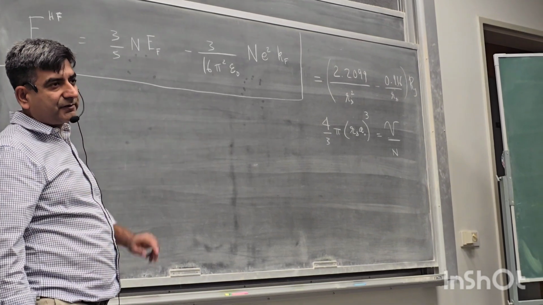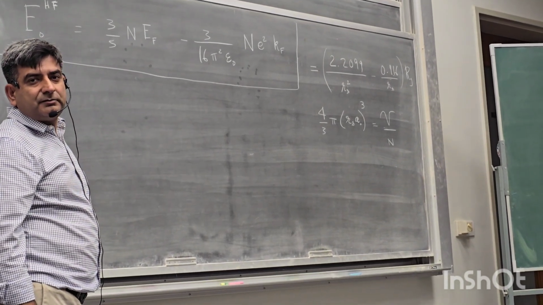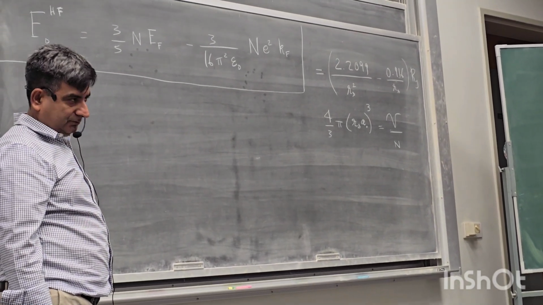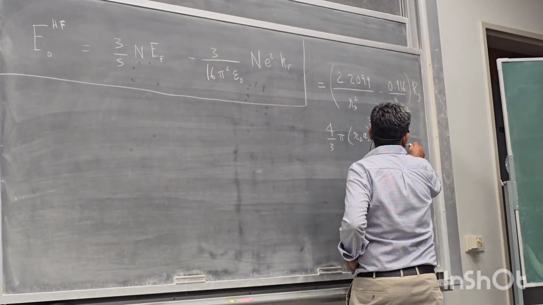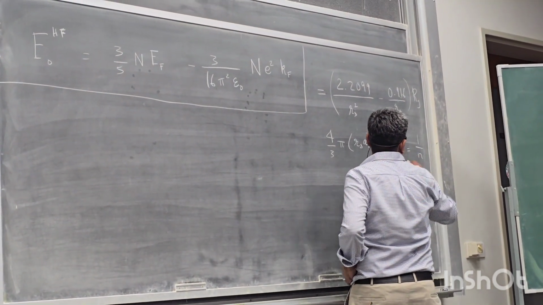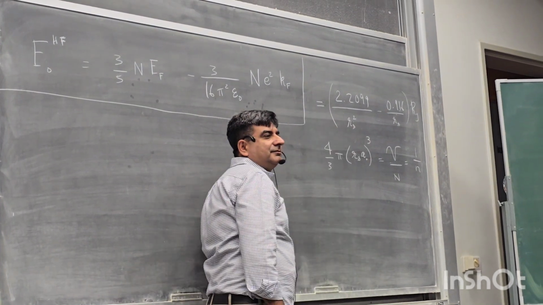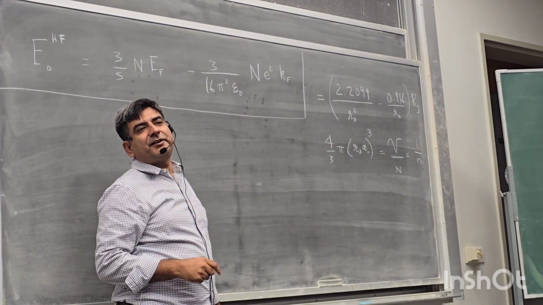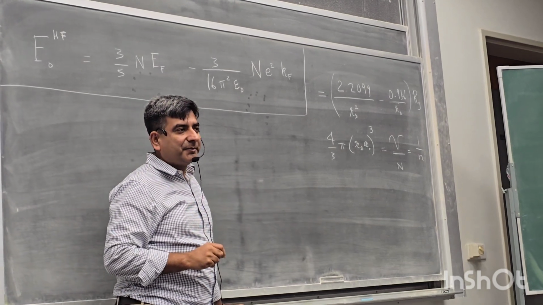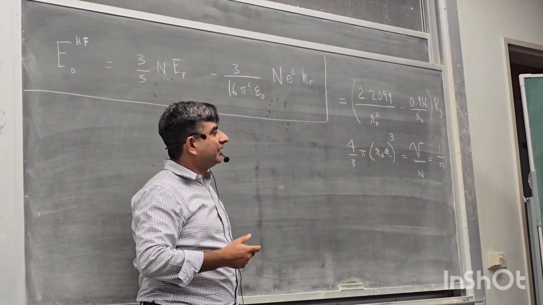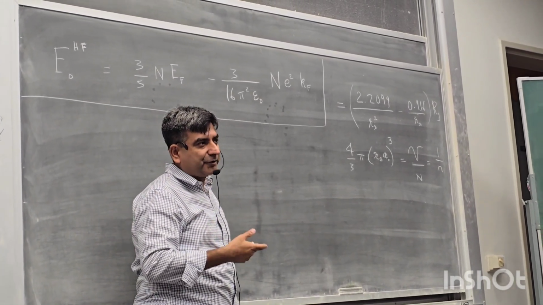This is how RS is defined. V over N is the inverse of the concentration of electrons. So if you know the density of the material and you know the atomic mass of the material, you can calculate RS. We're going to do this today.